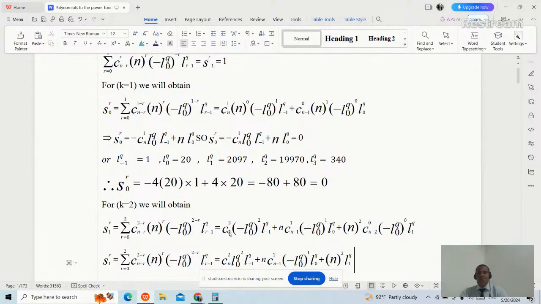So when R equals 0, we will obtain n choose 2, the combination n choose 2 times minus L0 squared times n minus 1. This is 1, no need to write it, but it's certainly in the formula, plus n times... now when R equals 1, I'll just substitute R with 1. It will be n minus 1, 2 minus 1 is 1.